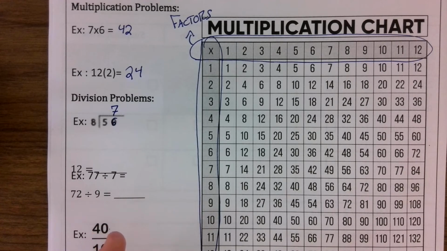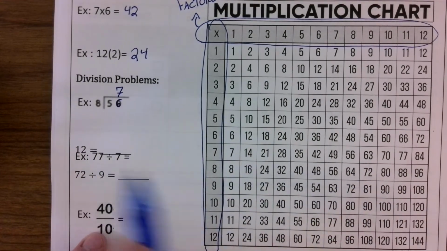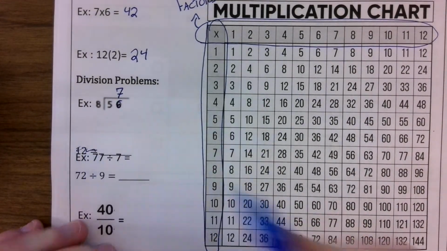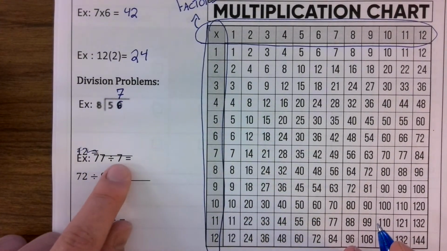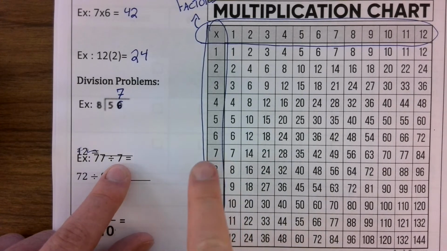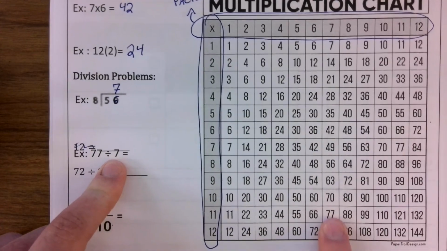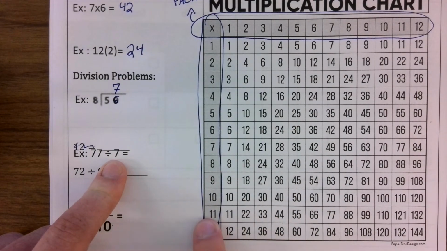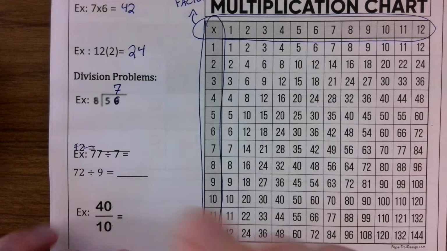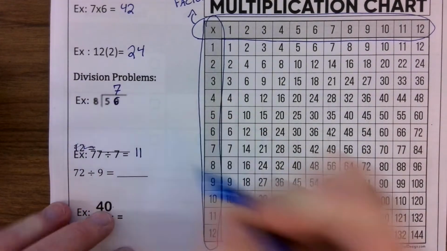Next we have 77, and I apologize for the slightly chaoticness over here. We're going to ignore this 12. 77 divided by 7. Well, I'm going to find my 7. I'm going to follow it down to 77. And I'm going to follow it over. 11. 77 divided by 7 is 11.